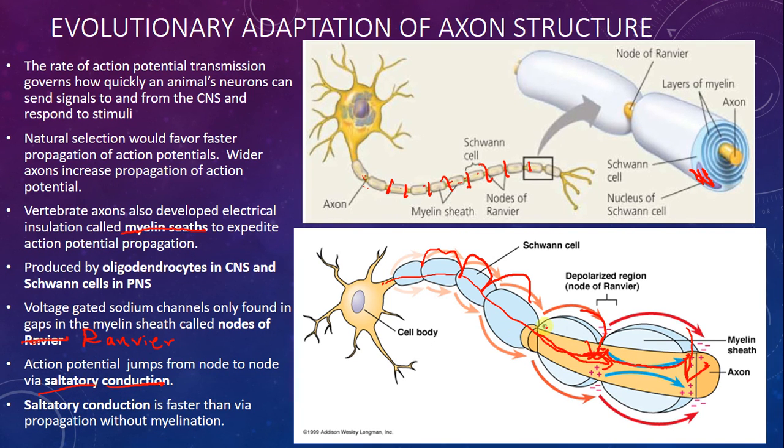So not every segment of the membrane becomes depolarized. So it can travel much faster. It can actually jump from node to node, and that conduction via myelin sheath or myelinated neurons can carry this action potential a lot faster and allow the organisms to respond to stimulation much quicker.